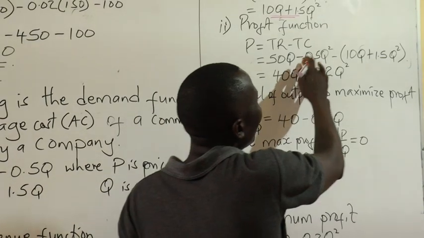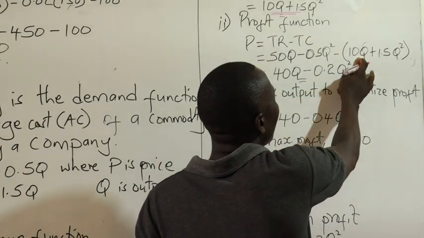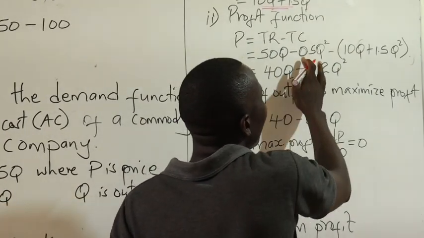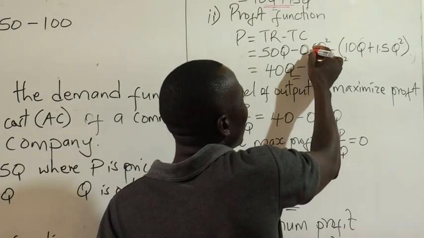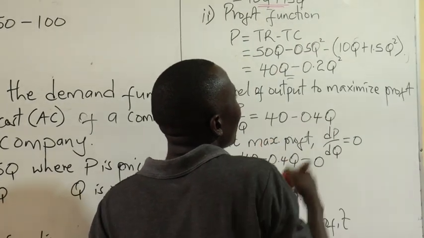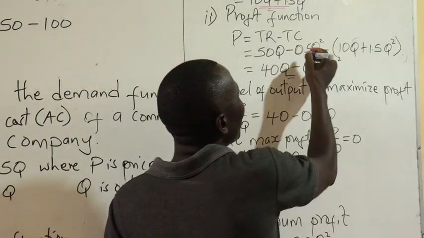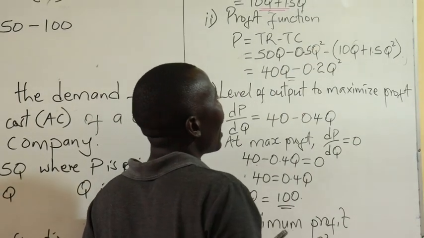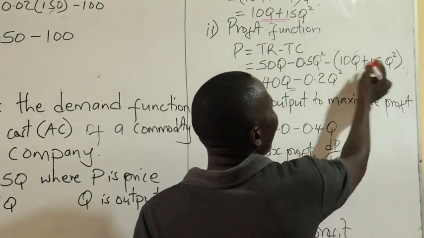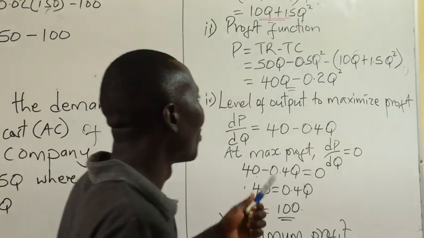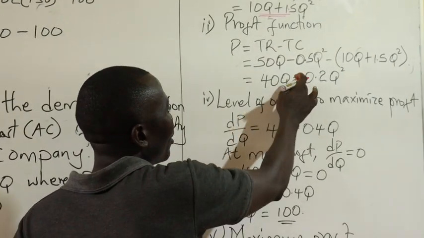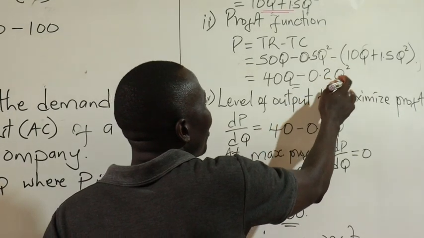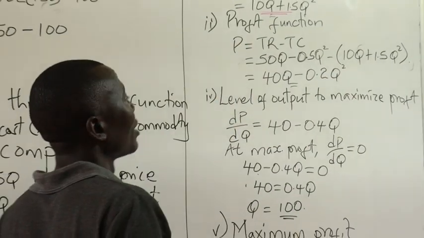And therefore, when we subtract, here we have 50Q minus 10Q, we have 40Q. Then here we have minus 0.5Q squared. Then we are again minus it because this is a minus plus. So it is minus 1.5Q squared, and we have the answer as 40Q minus 2Q squared. This is the profit function.